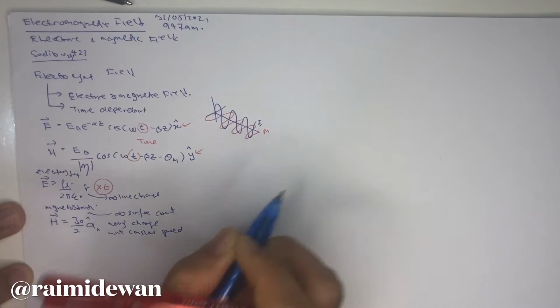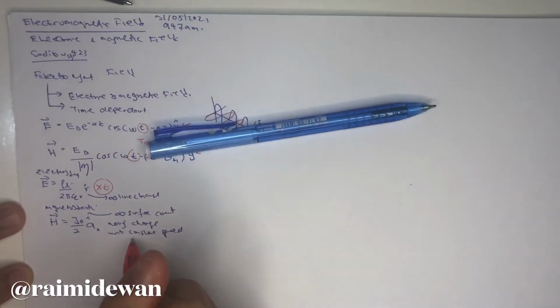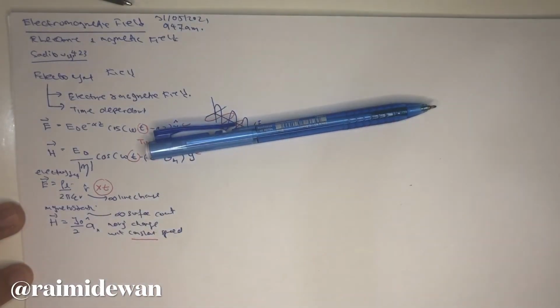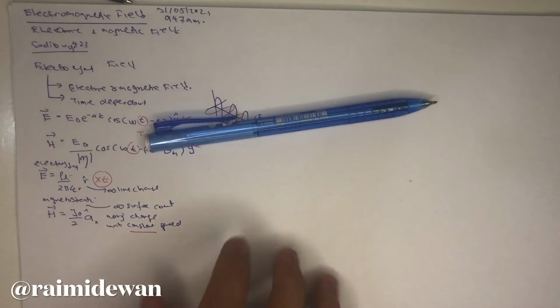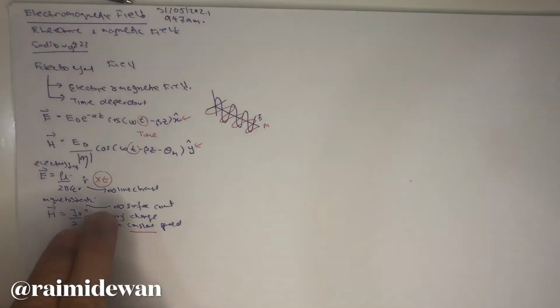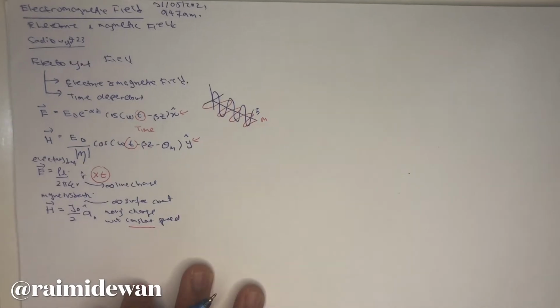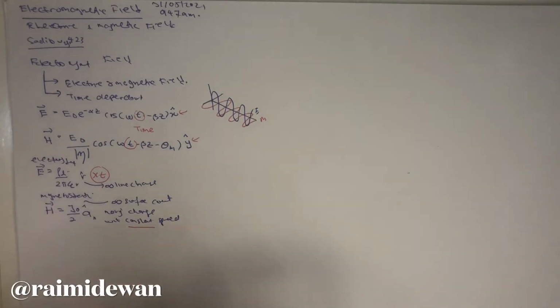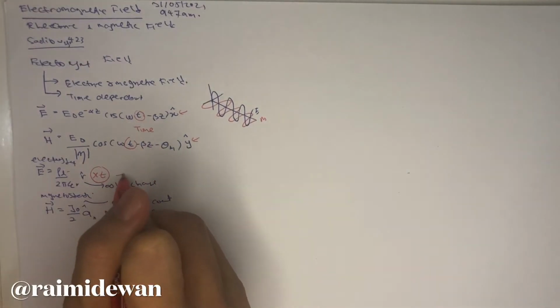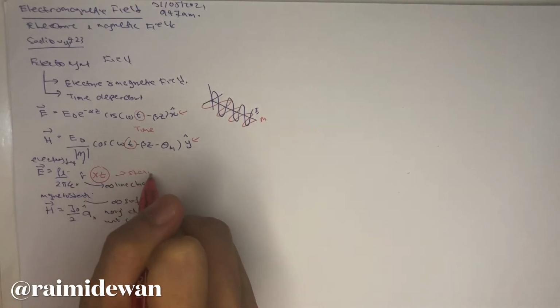What is different in electromagnetic is that we will start to have accelerations, meaning that the speed changes. This is what happens in electromagnetics, but in magnetostatic it is a constant speed, and in electrostatic it is stationary charge.